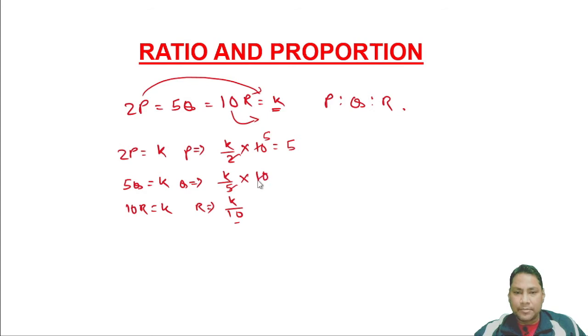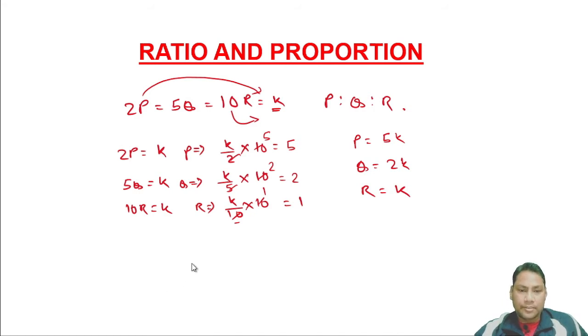This will become 2, and for 10 this becomes 1. Now we can write p is equal to 5k, q is equal to 2k, and the value of r is equal to k.